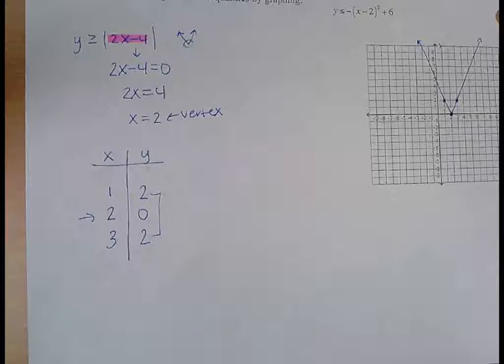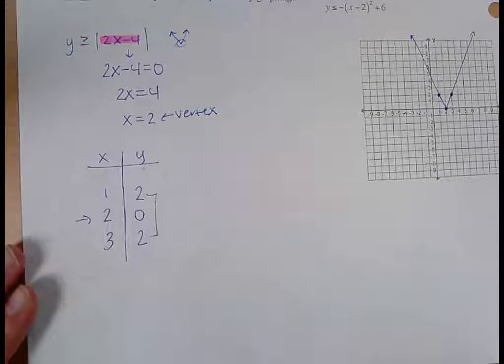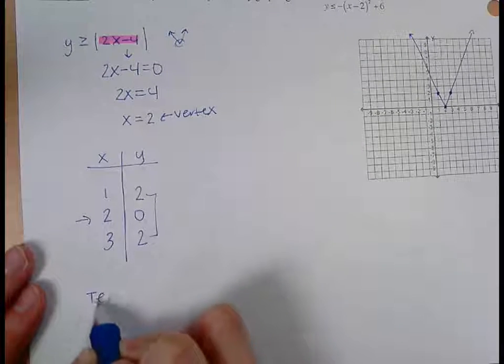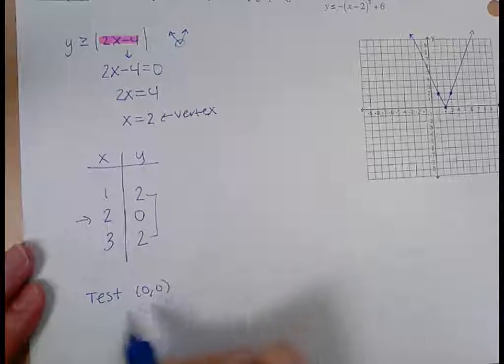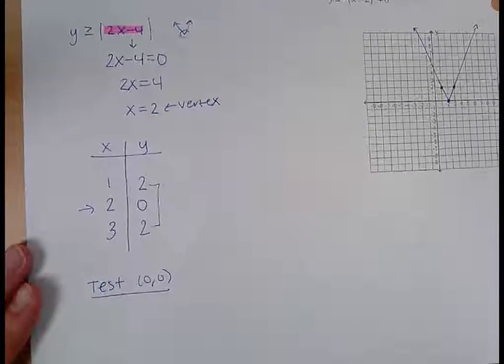And then we need to shade, and it'll either be shading inside of the V or everything outside of the V. So I can test 0, 0 since that's not on my graph.